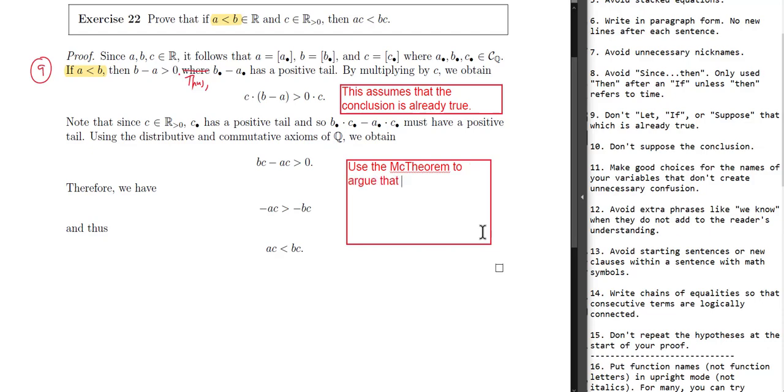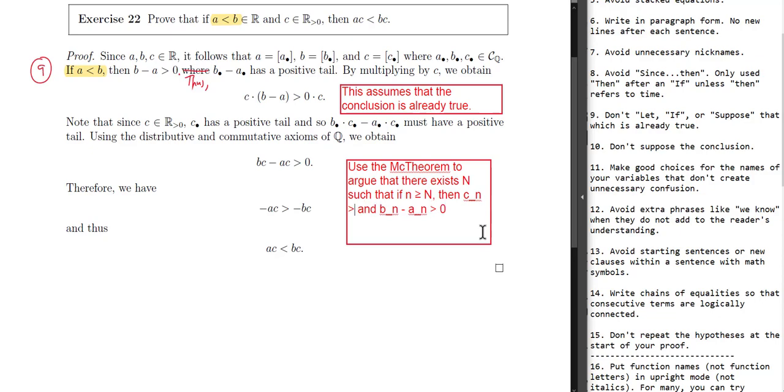to argue that there exists, well, you can go out far enough so that both sequences are positive, right? So there exists an N such that if little n is greater than or equal to big N, then C sub n and B sub n minus A sub n are greater than 0.